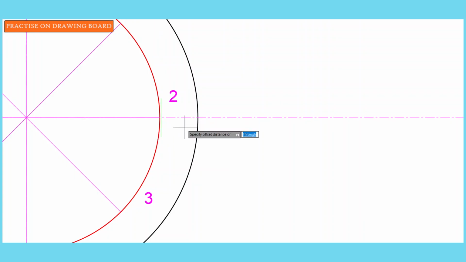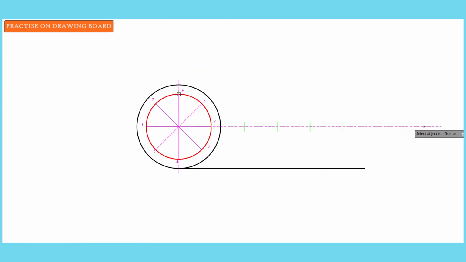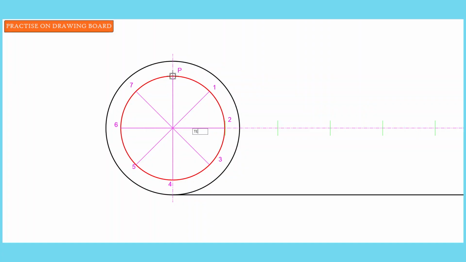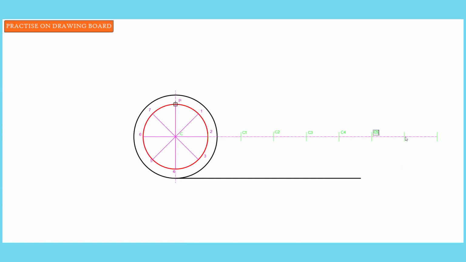So that's our first divisional point. With your compass, you can measure that 35.34 and then step over 8 times to get your centers, or you can use the line division method to do that as well. And then let's label the divisions from center C to C1, C2, C3, C4, all the way up to C8.